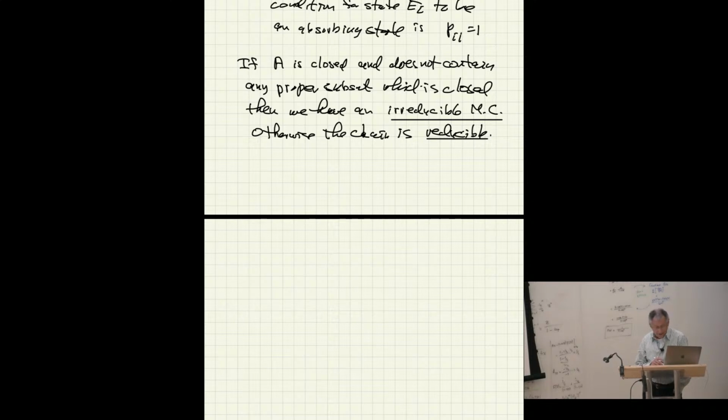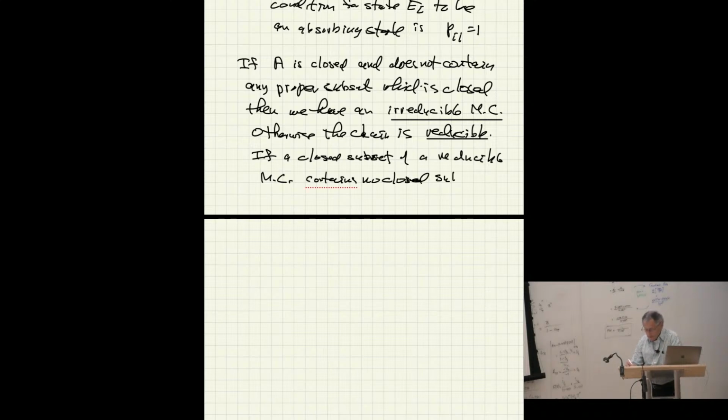If a closed subset of a reducible Markov chain contains no closed subsets of itself, then we have an irreducible sub-Markov chain.